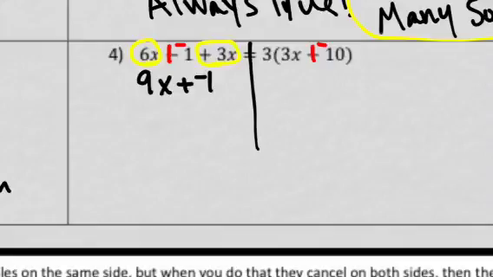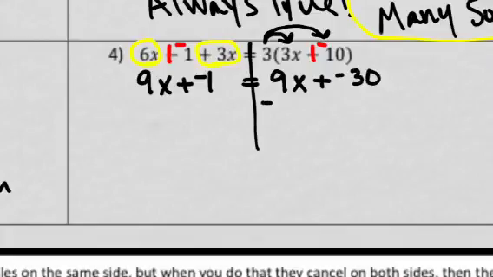So that's what's on the left-hand side. On the right-hand side, I'm going to distribute the 3, so I get 3 times 3x, that's 9x. And then I'm going to do 3 times negative 10, so that's plus negative 30.